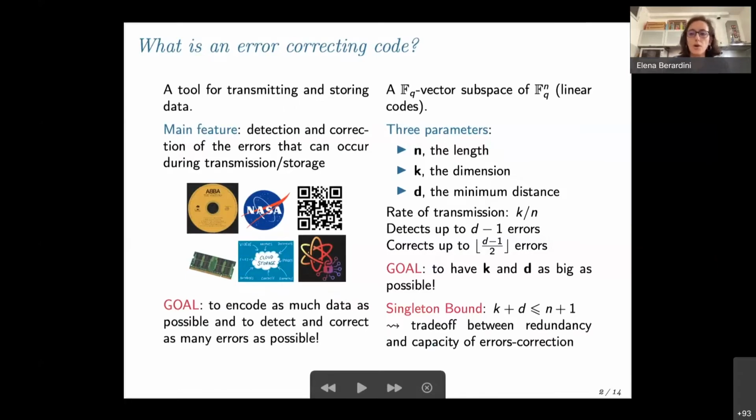So basically what you want is to construct codes with a trade-off between the redundancy you are going to add and your capacity of error correction.